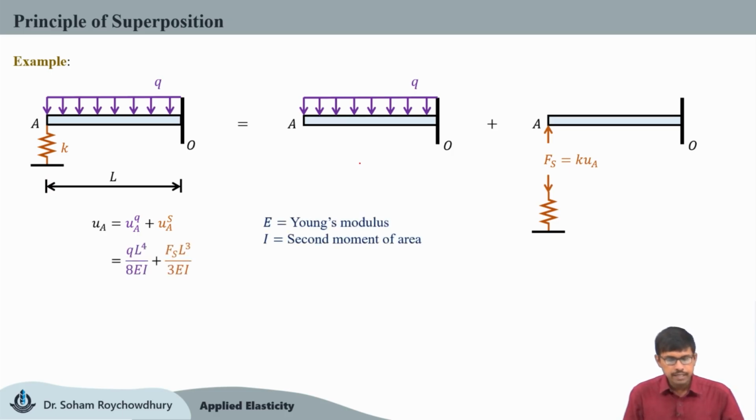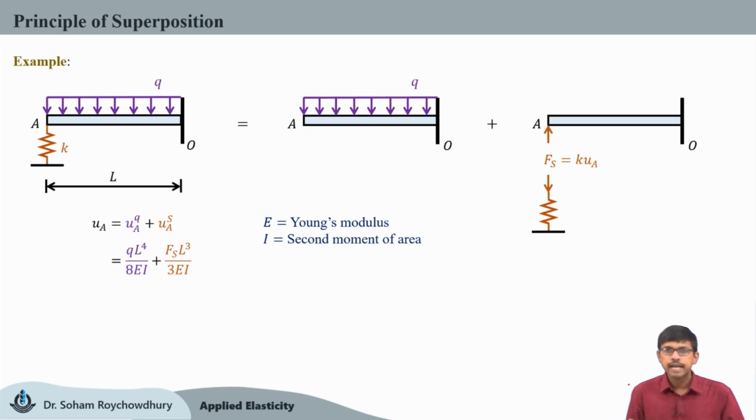Now, E being the Young's modulus of the material of the beam and I being the second moment of area, we can write ua due to the uniformly distributed loading q as q L to the power 4 by 8 EI. These are known to you from the elementary undergraduate beam deformation problems.